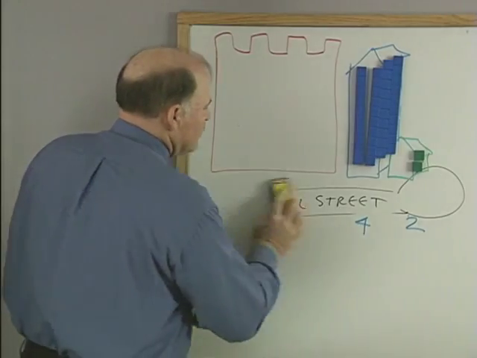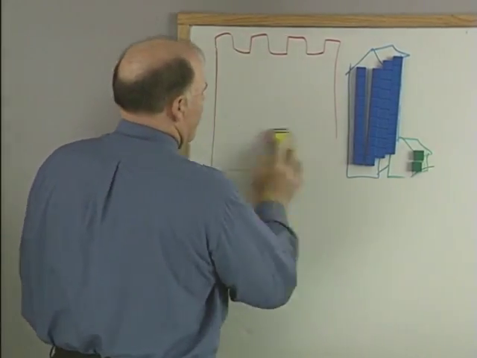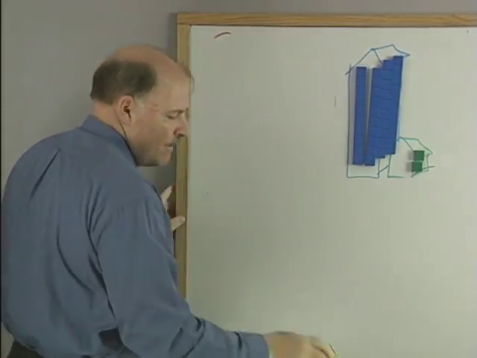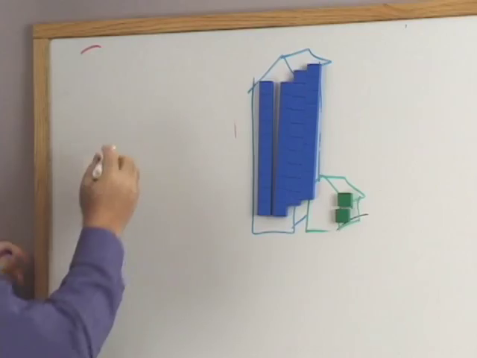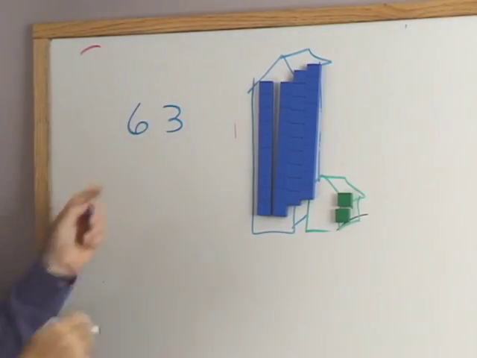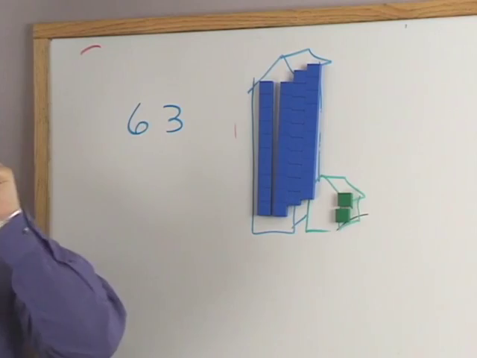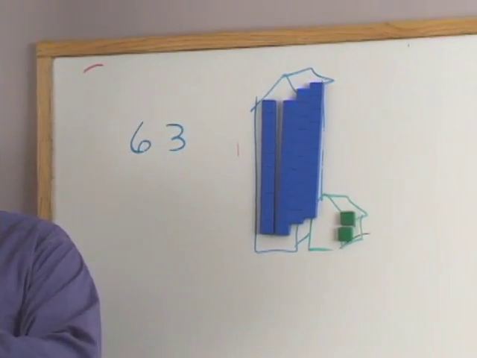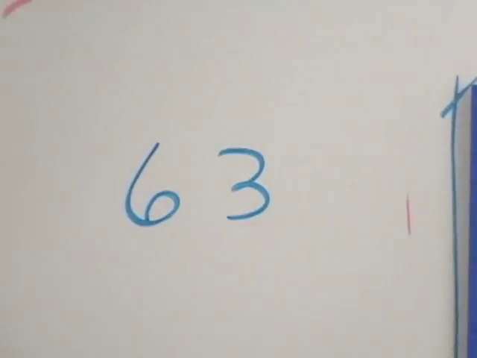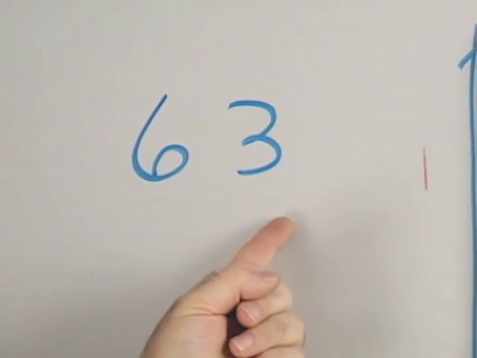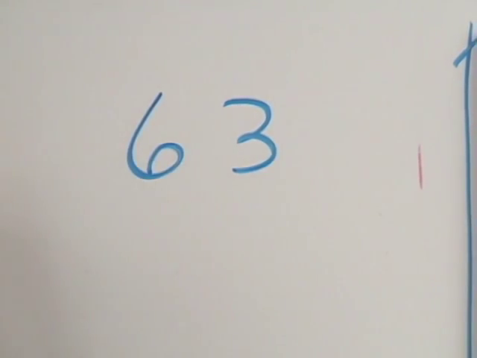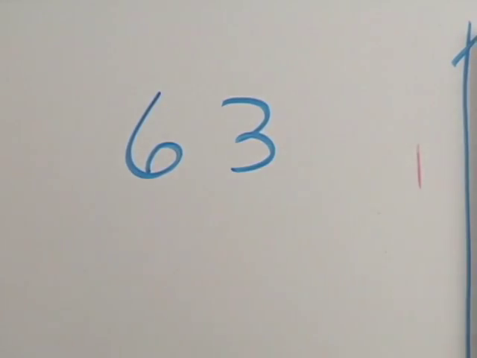Let me show you this now. I want you to say this number now. 63. Now, T represents 10. It's a suffix, right? So 6T3, and we say it as we move from left to right. How about this one? 71.